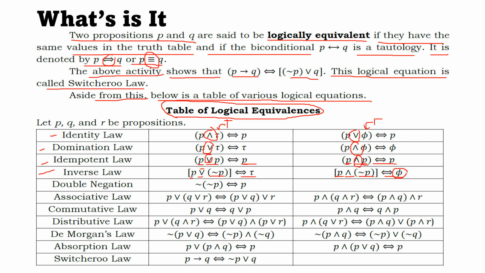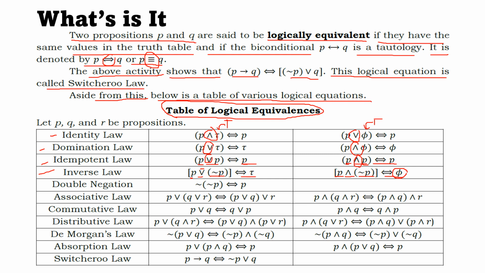Any statement is either true or false, and this will serve as your inverse law. Hence, P disjunction negation P is always true. Likewise, a statement cannot be both true and false at the same time. Hence, your P conjunction negation P is always false. So you need to take note of those things.